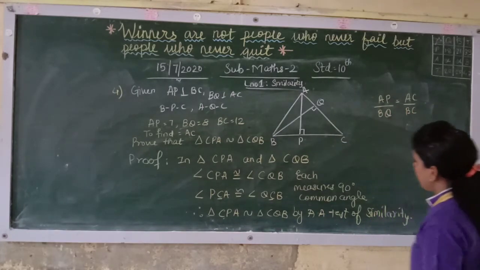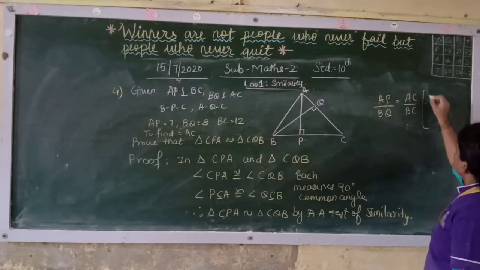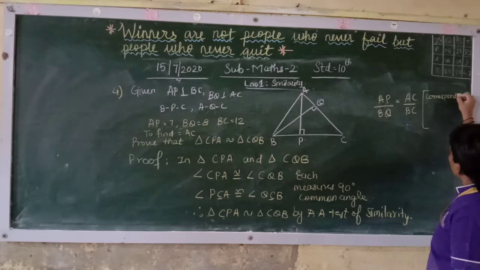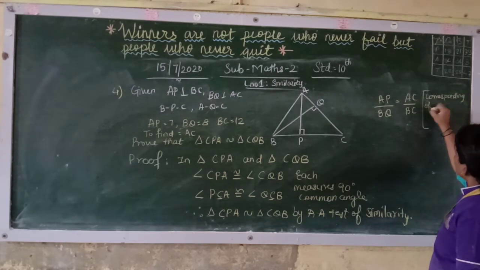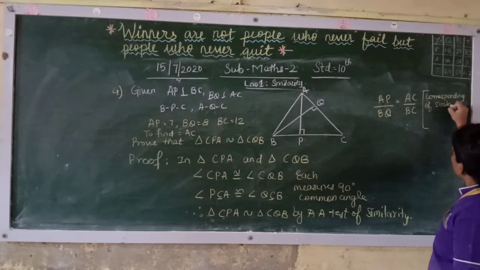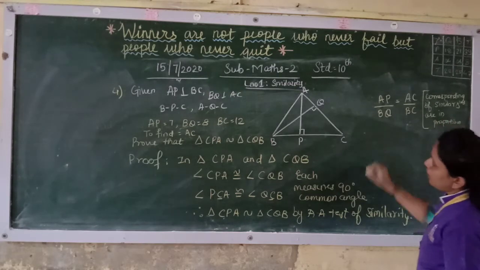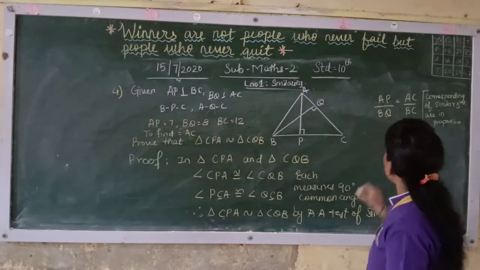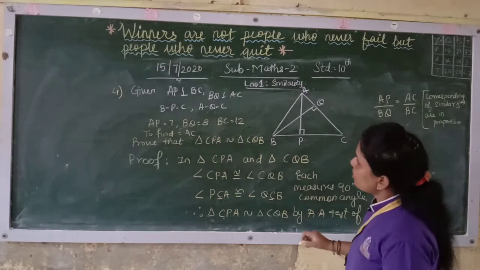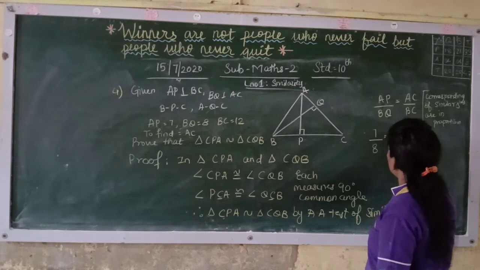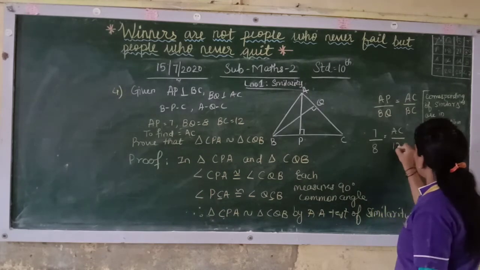Now what you will write here: corresponding sides of similar triangles are in proportion. So therefore AP, they have given, is 7, BQ is 8, AC we want to find out, BC is 12.